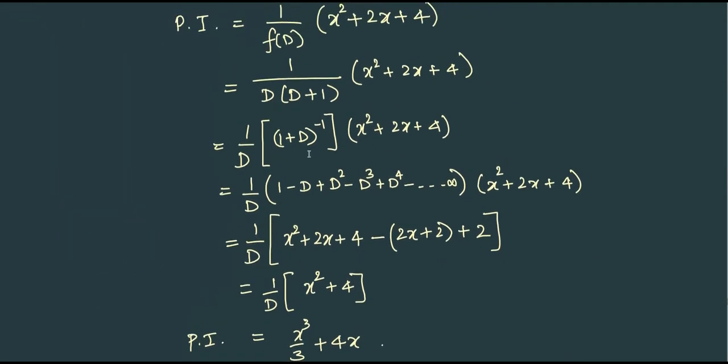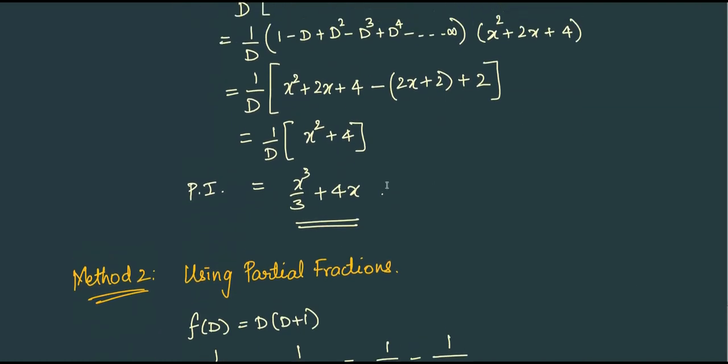When we use that, we get an expression and then apply the operator on this, and finally we get a function, and then 1 by D is the integral of that function. This is how we find the particular integral.